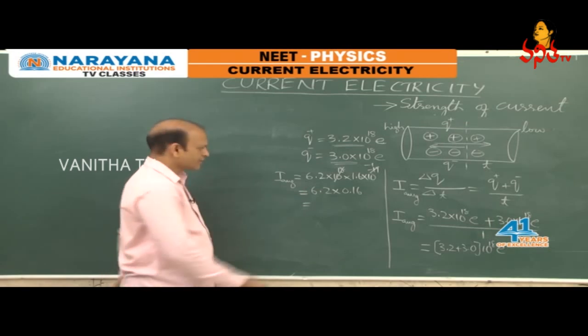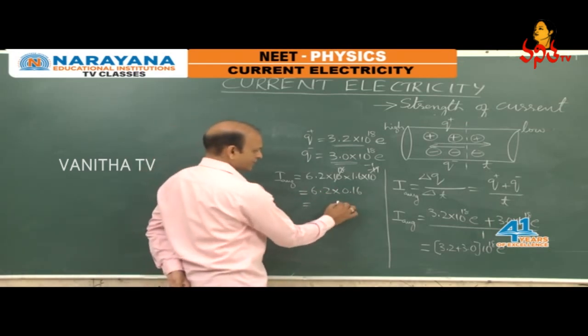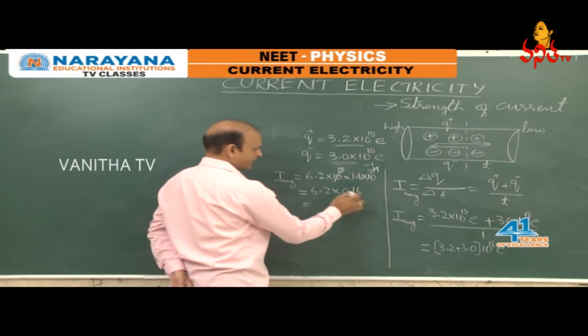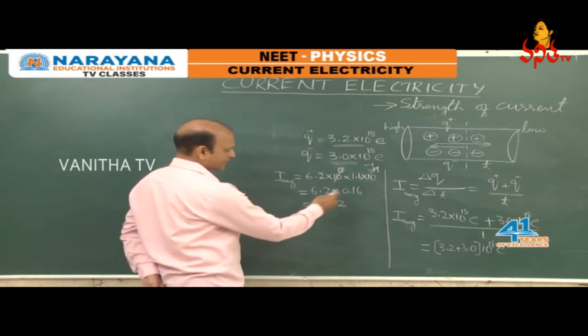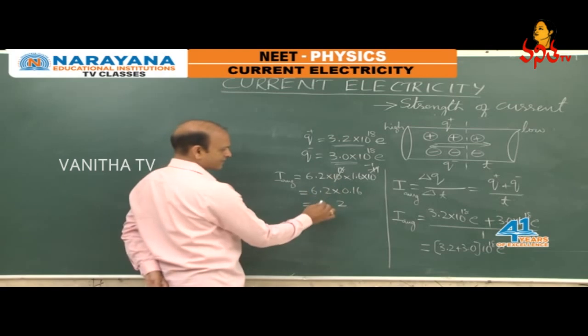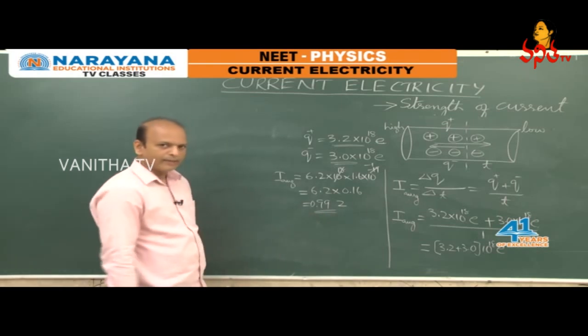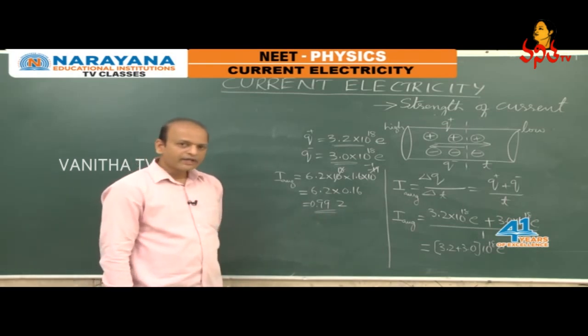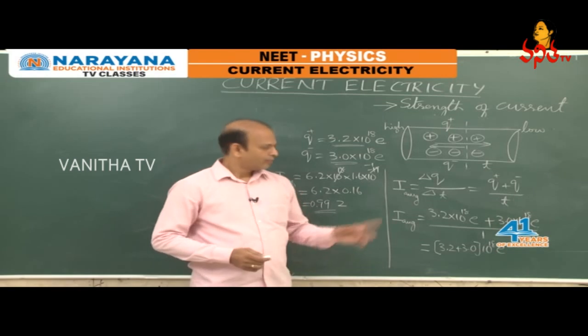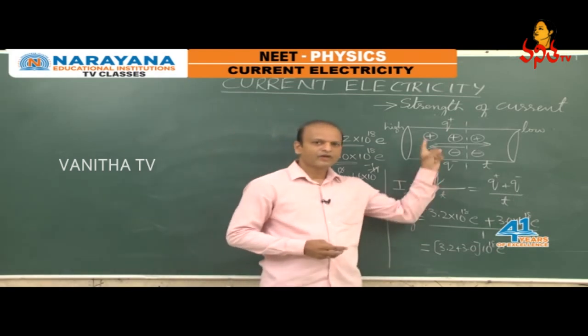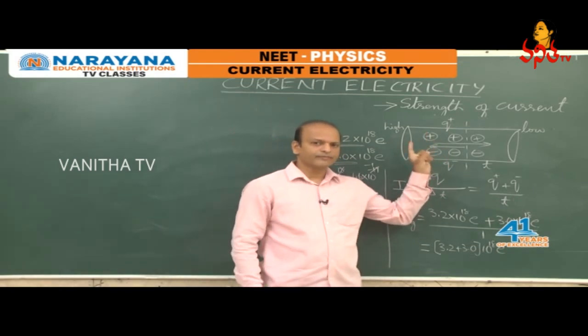Okay. So that is 16 times 2 is 32 carry 3, and 16 times 6 is 96 plus 3 is 99, with the point after 3 digits, 0.992 ampere.